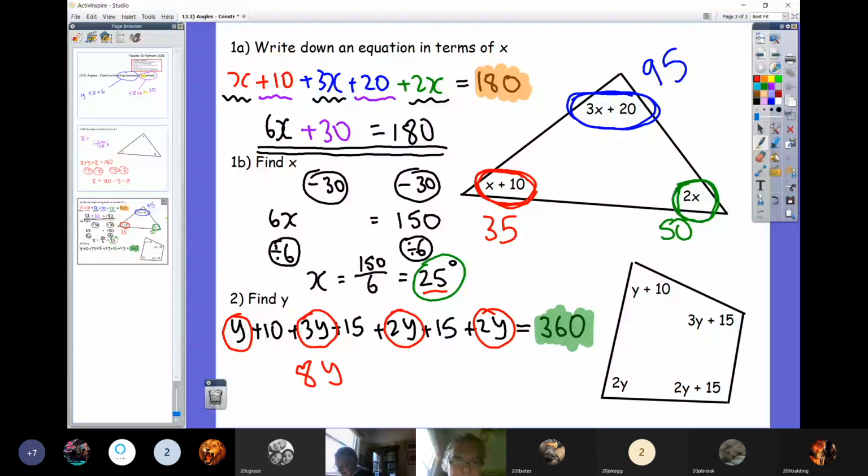So that's 10, add 15, which is 25, add another 15, which is 40, and that equals 360. Take away 40 from both sides. I get 8y equaling 320. Divide by 8, I get y being 40 degrees. So again, I could work out all those individual angles if I wanted to.